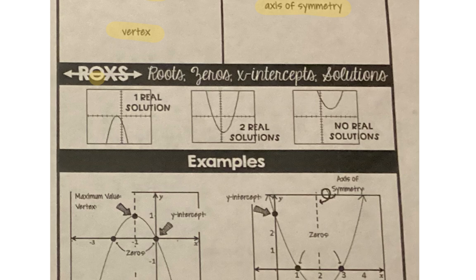That means we have 2 real solutions. Or if we do not touch the x-axis at all, we have no real solutions. We'll talk about what solutions we do have. We just know they won't be real.